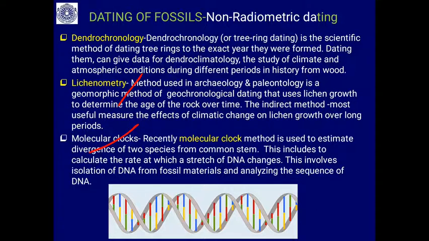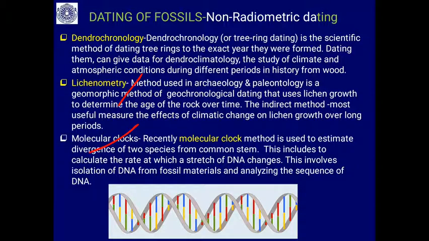Dating them can give data for dendroclimatology, the study of climate and atmospheric conditions during different periods in history. Similarly, fossilized tree rings also give an idea of when those particular rings were formed. This is called dendrochronology.